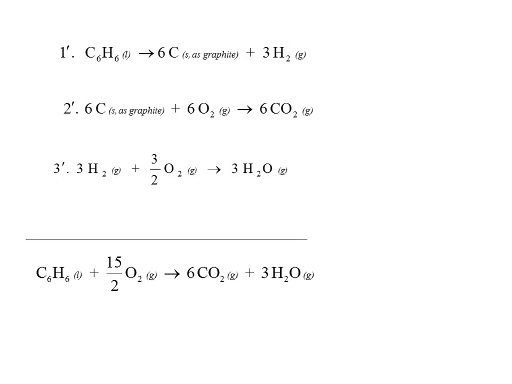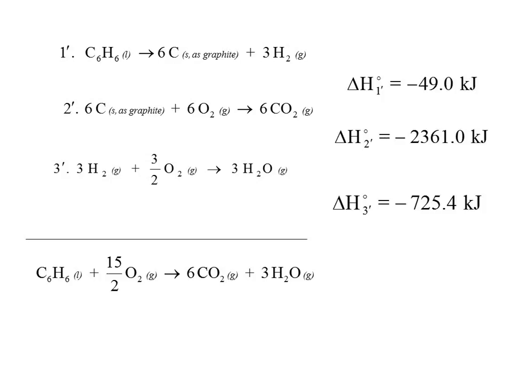So here we go. 1', 2', and 3'. So there's a few steps in all of this, right? And I'll include myself in this, it's really easy to lose a negative sign. Okay, we are going to add these together. Don't lose your negative signs.